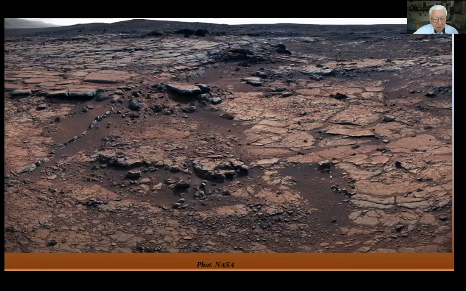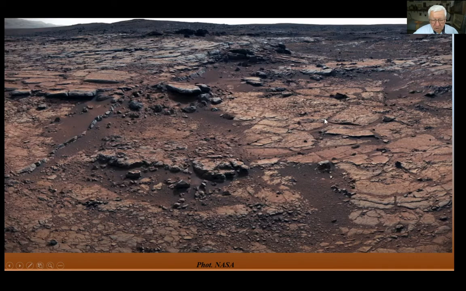Photos done by NASA, there is one example, published, documenting the presence of this kind of probably sedimentary rocks, showing typical mud crack structures as a result of drying of rocks where there are minerals containing water.